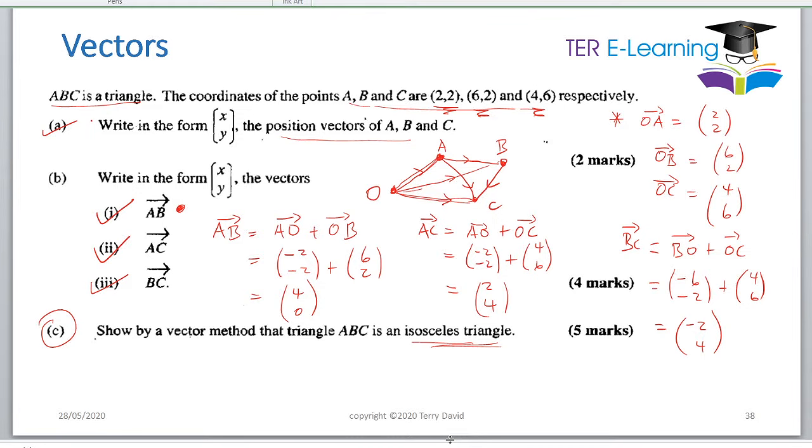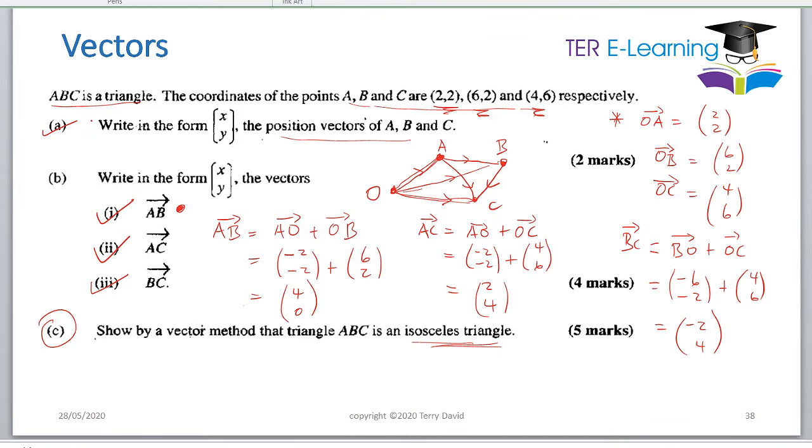All right, two sides are equal, one side is unequal. That's correct. We're looking for two sides that are equal.